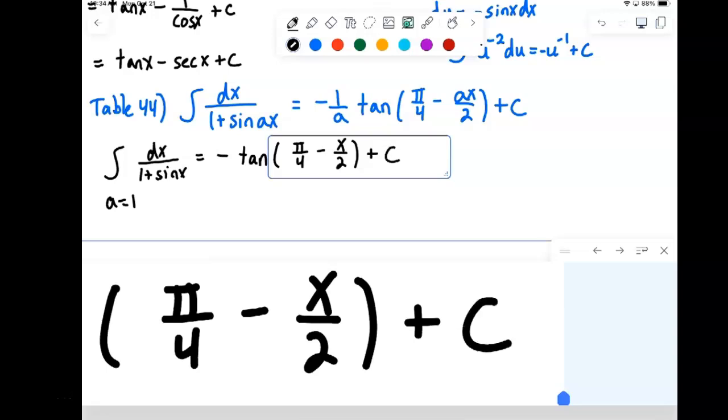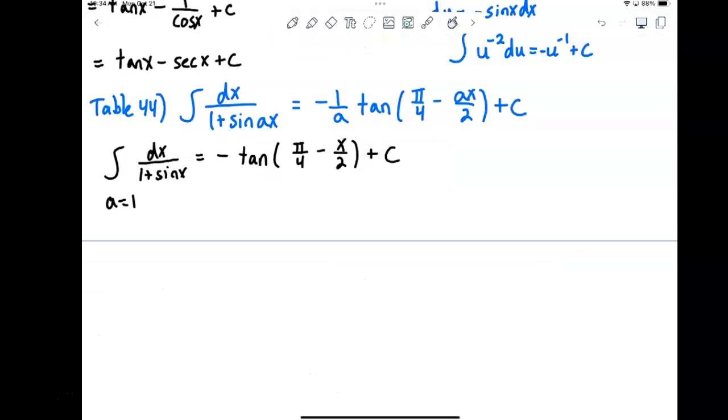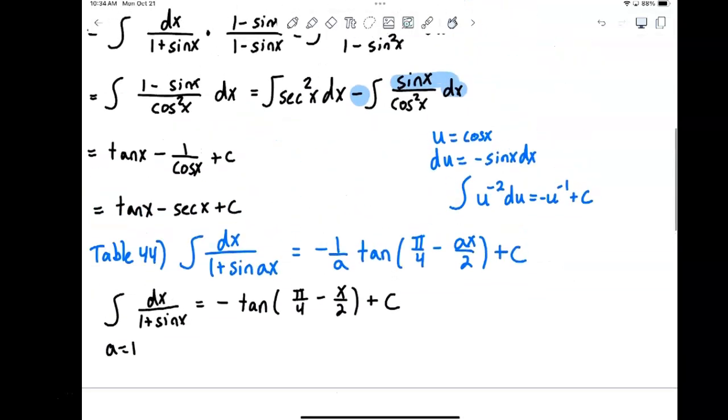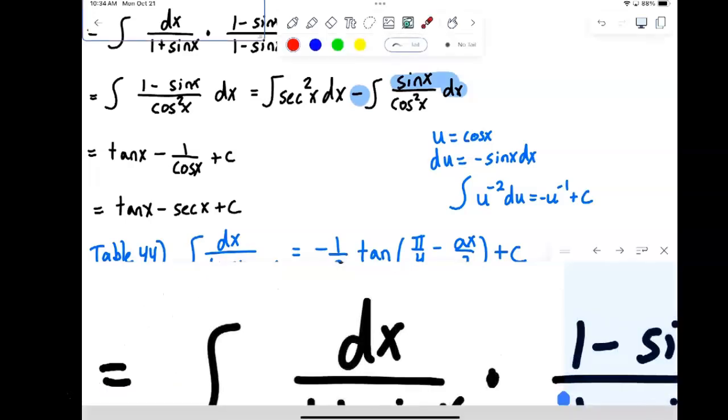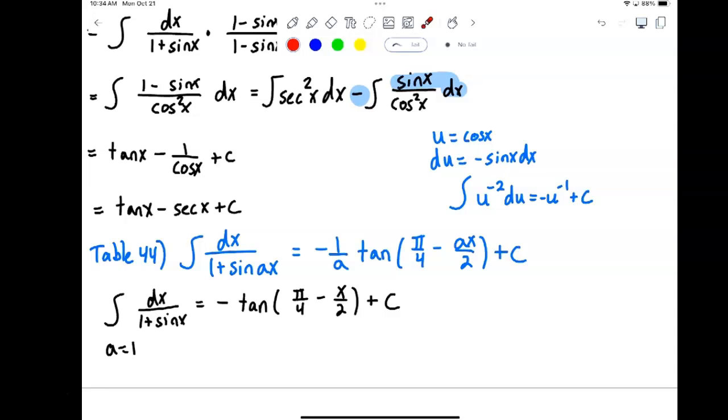Okay, that would be our function. And that's the nice thing, really quick here. To do that took almost no time at all compared to doing it by hand.